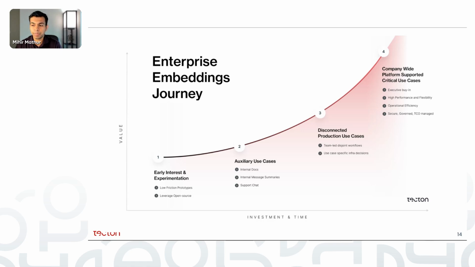They deliver operational efficiency, it's fully secure, governed, and the total cost of ownership is managed. So there's cost attribution. The use cases that I just showed you at these leading tech companies are closer to 3 or 4, depending on their different internal structures, but they're very much critical use cases and in production. So for the rest of this conversation, we're going to focus on stage 3 and stage 4.